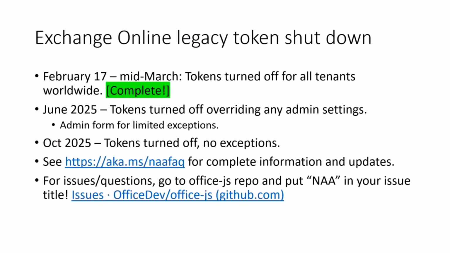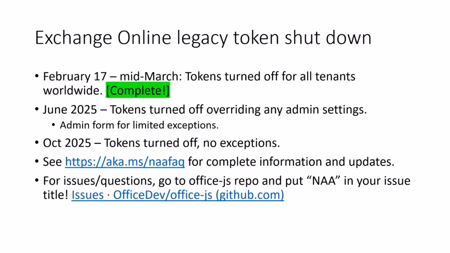This status is pretty much the same as last month, but I just want to go through it again and share a few details. Back in February, we turned off the Exchange Online tokens across all tenants worldwide, and that was completed. So at this point, if tokens are on, it's because an admin went in and ran the PowerShell command to turn tokens back on. Those admins are aware that they've done that.